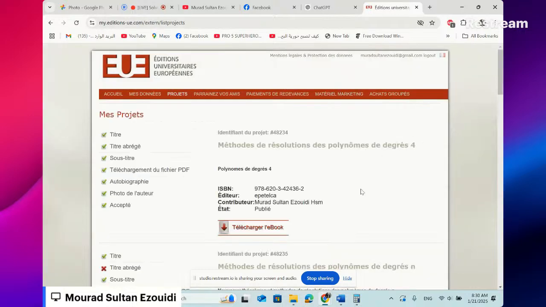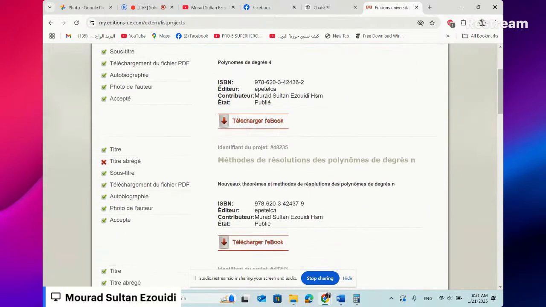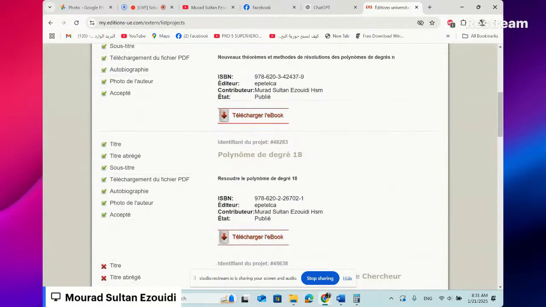We see these are my books in mathematics, and I got my ISBN. I will use this book and apply the theorem of Murad Sultan Ezouidi. If you buy this book, you will find everything, and you will apply it for any nth-degree equation. You see this one, 10 to the power 18, we solved it, and we got our ISBN.